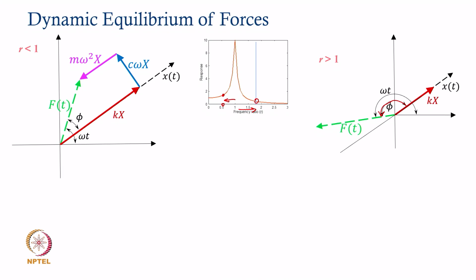The restoring force will still be aligned with x, the response. The damping force invariably has to be at 90 degrees to the restoring force, given the way velocity and displacement are related for a harmonic response. And then of course, the inertia force m omega square x will create a force polygon like this, which represents the dynamic equilibrium when you are operating post critical or post resonance, at higher speed values.